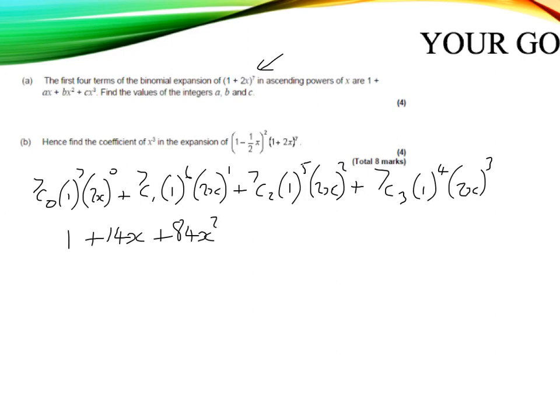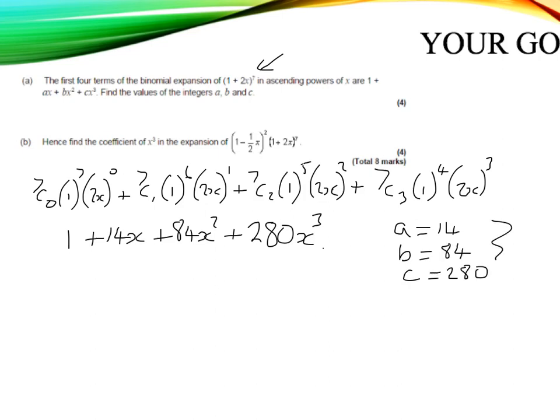And then the final term where I've got 7c3 multiplied by 1 to the 4 is going to be 7c3 is 35 multiplied by 2 cubed, which is 8, and 8 35s are 280. And again, you could set this out with a few more steps, but for now, that's fine. Okay, so the values of A, B, and C. A equals 14, B equals 84, C equals 280.